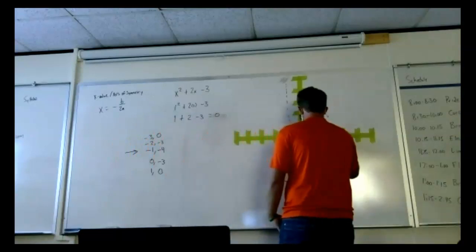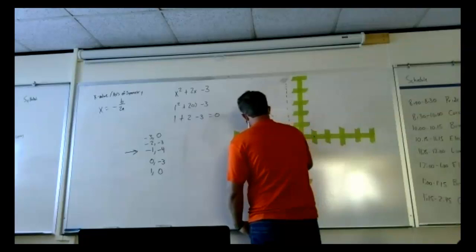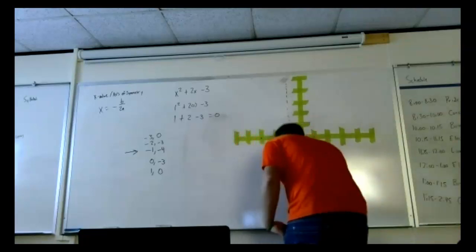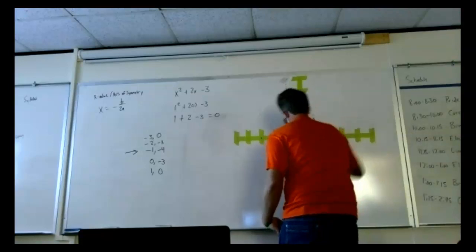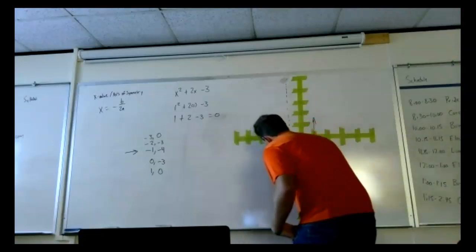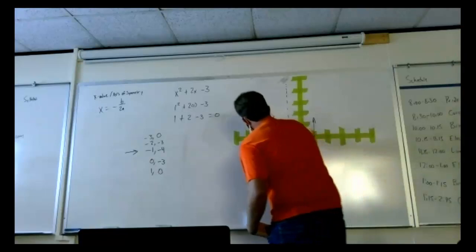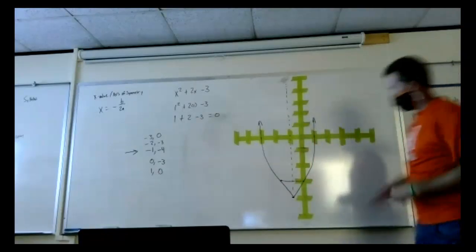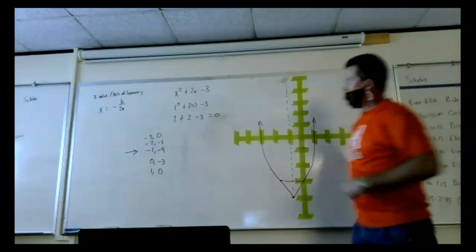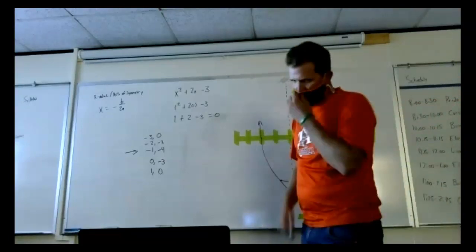So I have (1, 0), (negative 3, 0), and my parabola is going to look like that, with the vertex or the minimum value at (negative 1, negative 4).